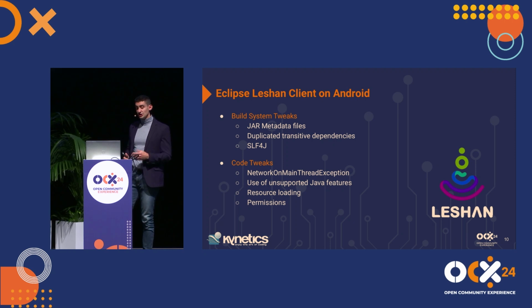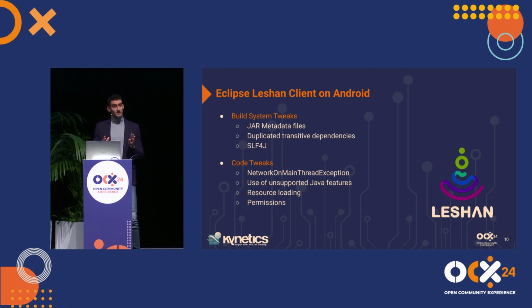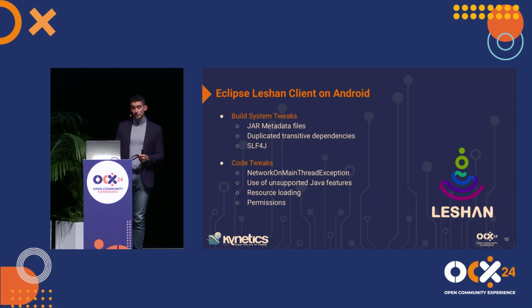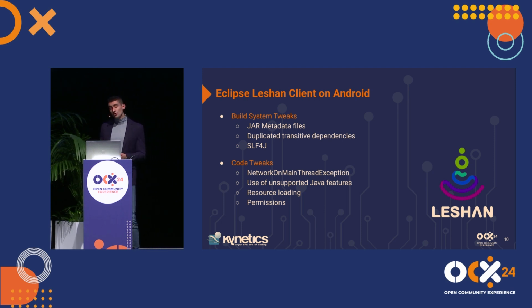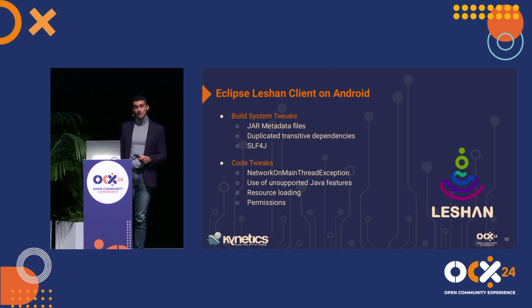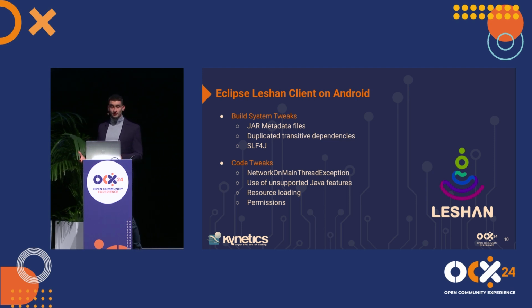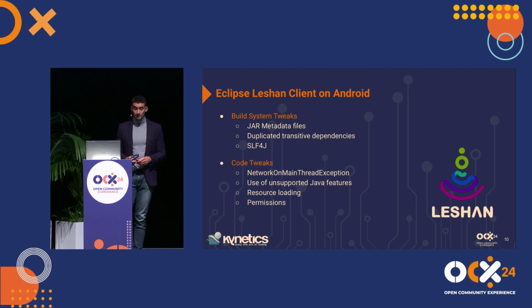For example, Leshan places a set of XML files at the root of the jar file. And when we import the library, those resources will go to the root of the APK, which unfortunately is not accessible on Android. So we had to go again into Leshan's code base, take those XML files and manually copy them into our Android application in the right location so that they were accessible from our Android-based application.